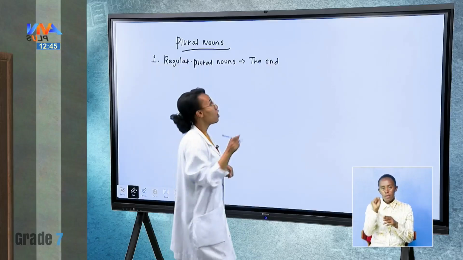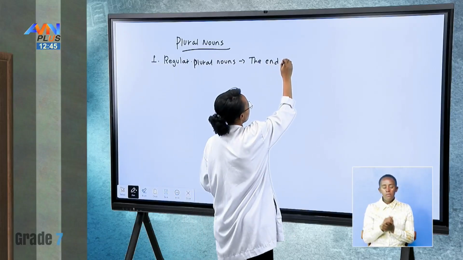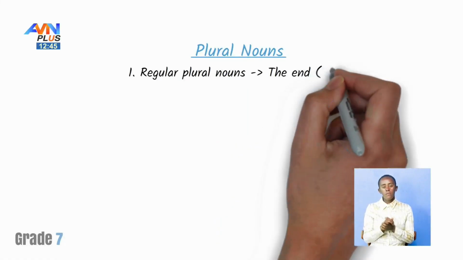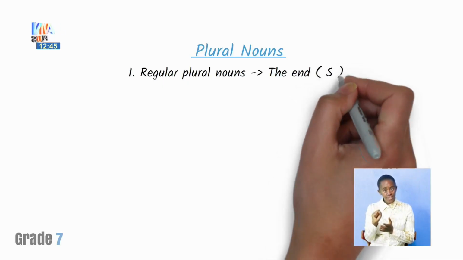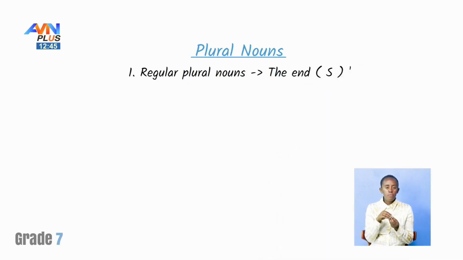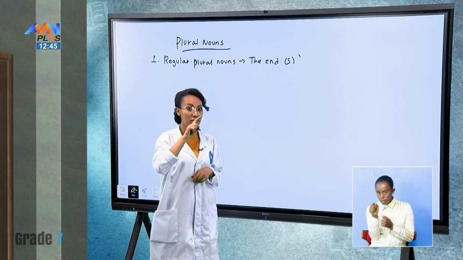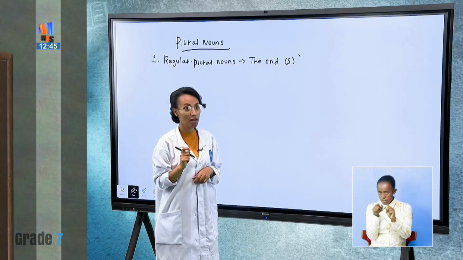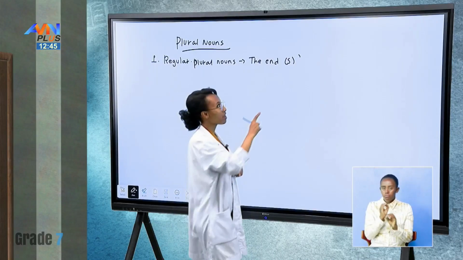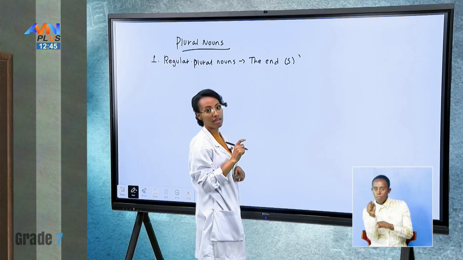S. If it ends in S, then we add what? The apostrophe after the S, okay? We add the apostrophe after the S.